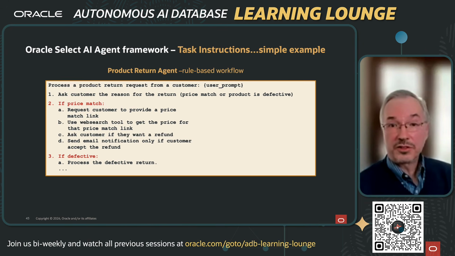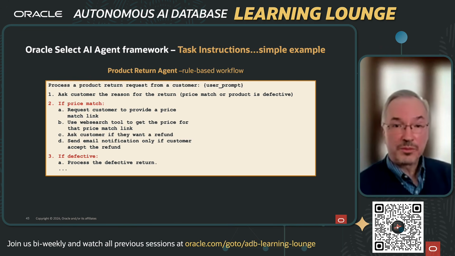If it's a price match, we could specify that A, the agent asks the customer to provide a price match link, B, use the web search tool to get the price from that link, C, ask the customer if they want a refund, and finally send an email notification if the customer accepts the refund. If it's a defective product, we could detail the process for handling a defective return.